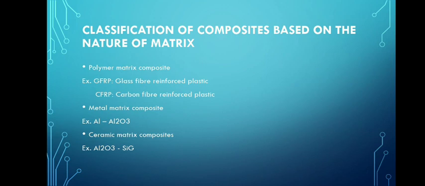An example of a polymer matrix composite will be GFRP, which is short for glass fiber reinforced plastic. In a plastic, for example polypropylene or epoxy, glass fibers are the reinforcement.